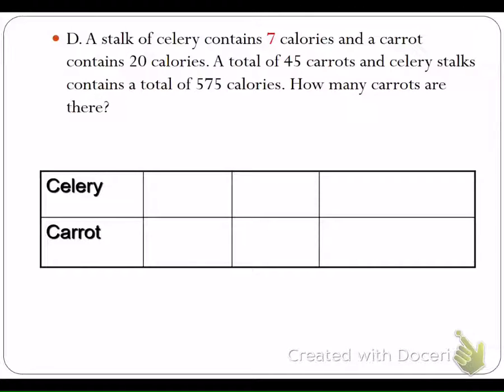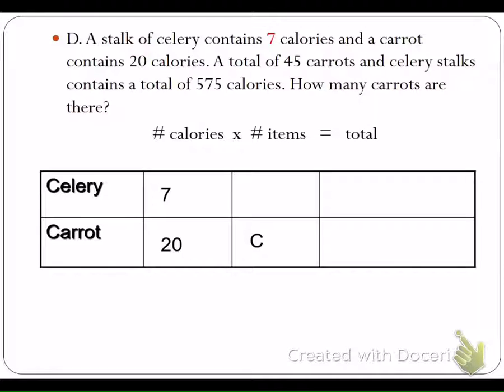Now we know how many calories are in each. So, I'm trying to find how many there are. So calories are locked in. 7 for celery, 20 for carrots. I'm trying to find the number of carrots. So that's where I'm going to put my variable.